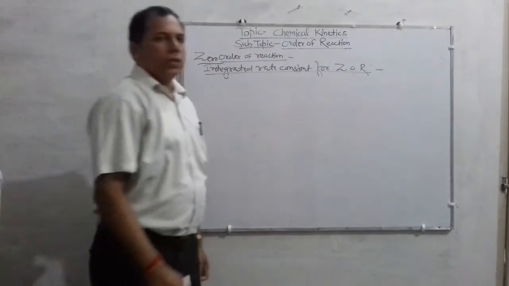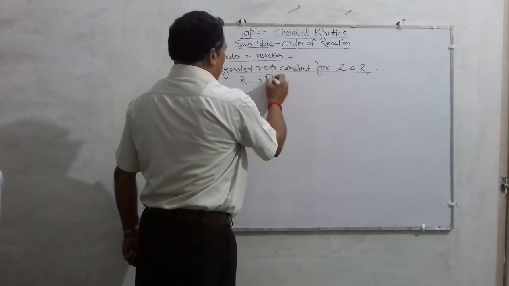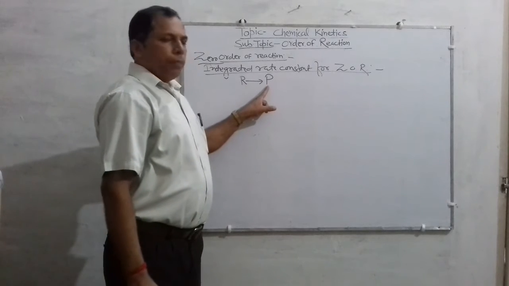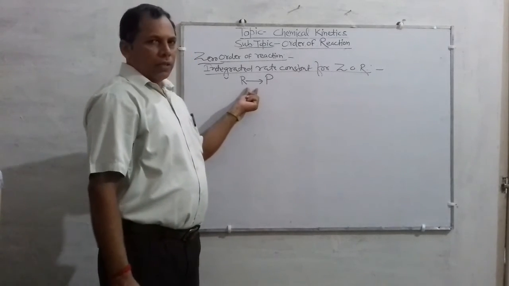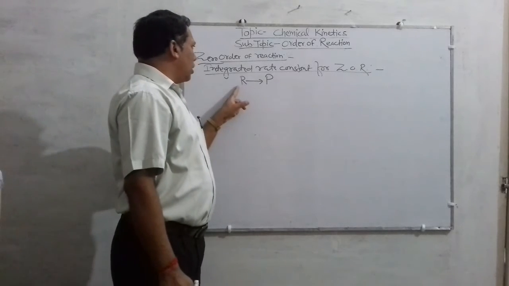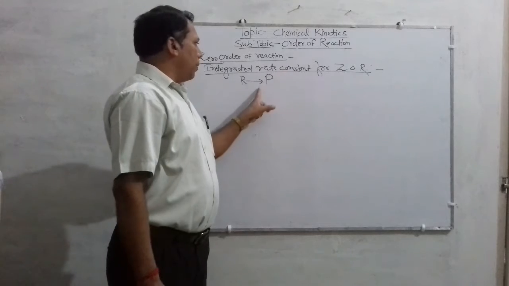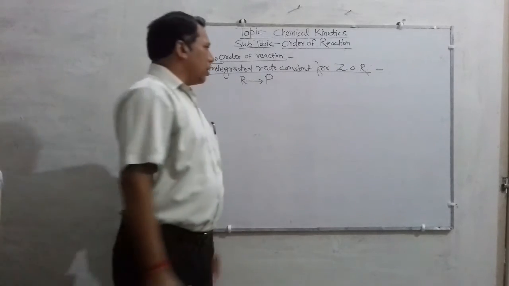So suppose, or let's consider a reaction which is of zero order, in which reactant is changing into product and represented as such. Suppose we have to determine the rate constant for this very reaction. Then how is it determined?